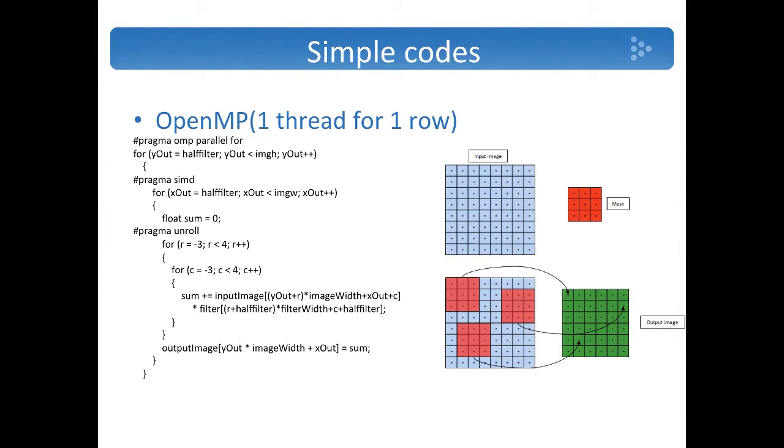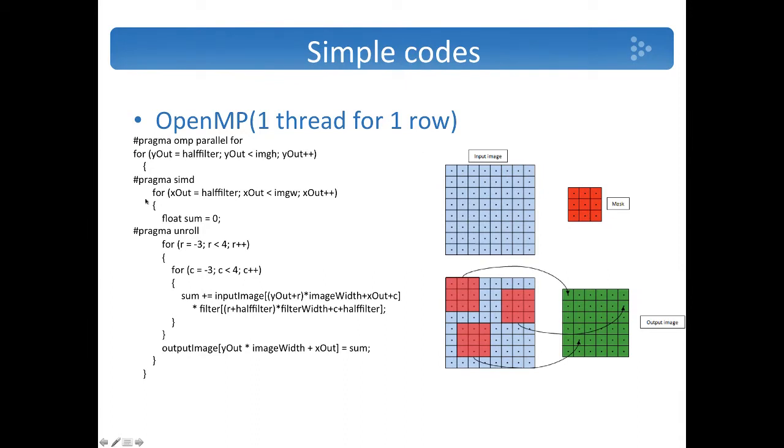In this example, I use one thread for one row. That means one thread calculates one row of the image. So we put the pragma omp parallel for on the outer loop. The outer loop iterates over the rows, and the inner loop is used for the different columns in the rows.